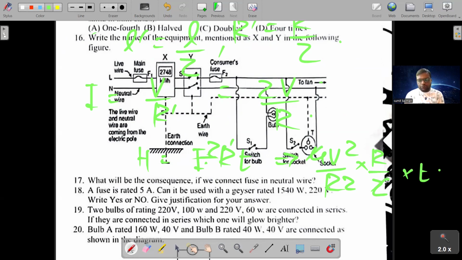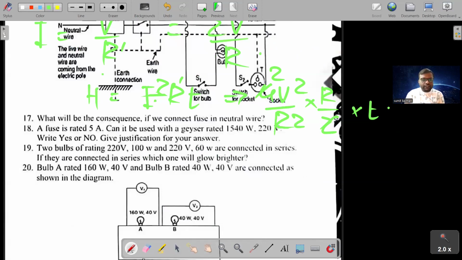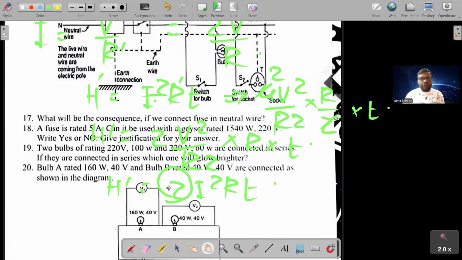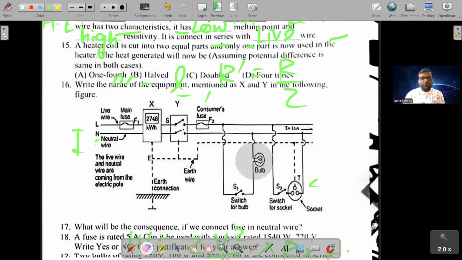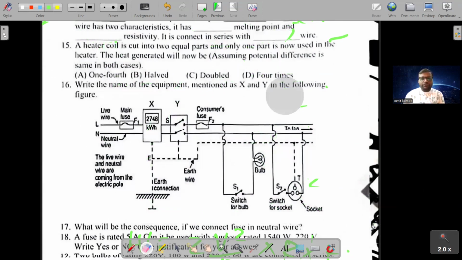So H dash is equal to 4 V square by R square into R by 2 into T, which becomes 2 I square R T. So the heat energy has become double. In this way you have to solve this, so be careful while solving the problem. It will become double.